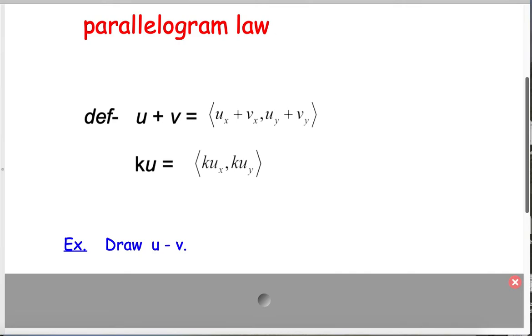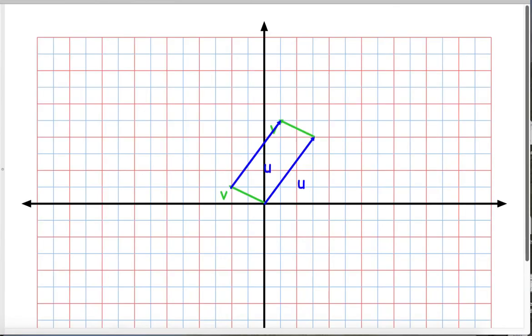Now, what about if I did, instead of u plus v, what's u minus v? And that gets a little more complicated. So here's what I'm going to do. Let's take this vector v, and to make u minus v, I want to think of it as u plus the opposite of v.